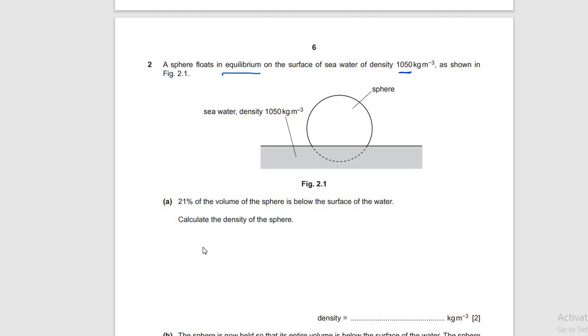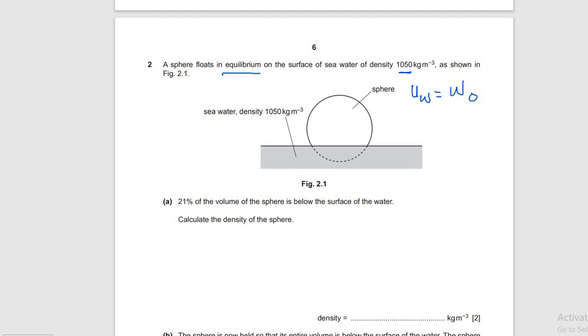Remember Archimedes' principle. Archimedes' principle states that when a body is partially or wholly immersed in a fluid, it experiences upthrust equal to the weight of the fluid displaced. In this case, the body has been partially immersed in the water, which means the upthrust by the water will be equal to the weight of the object.